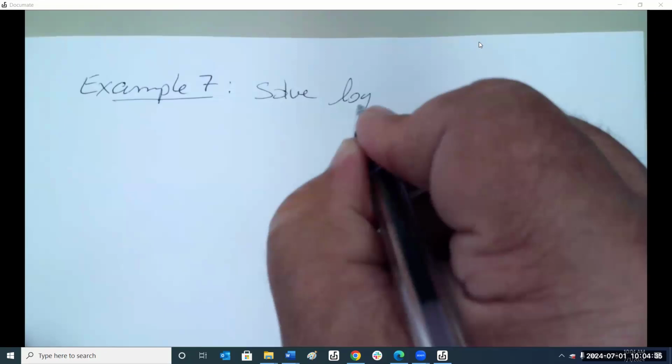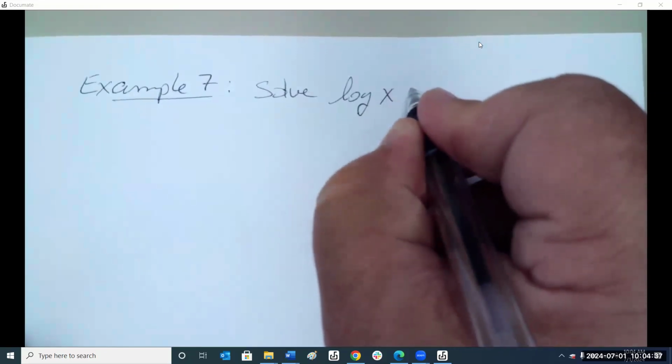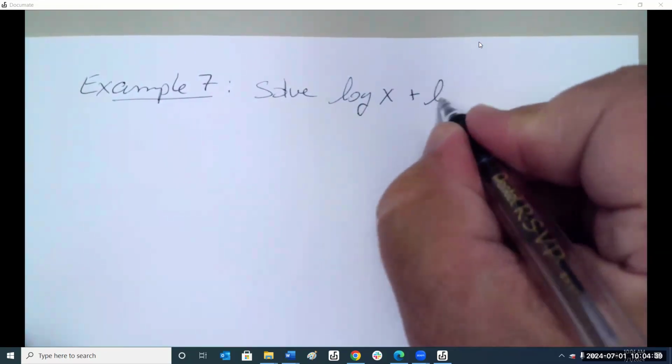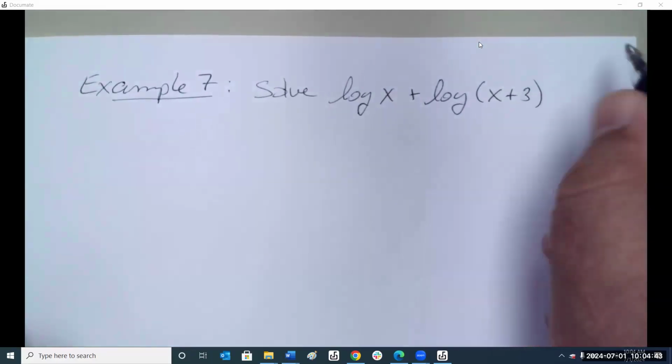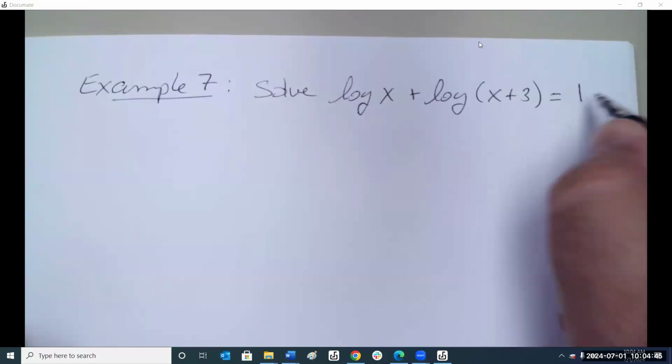Solve log of x plus log of x plus 3 equals 1.